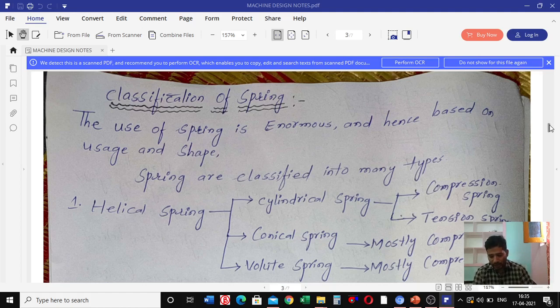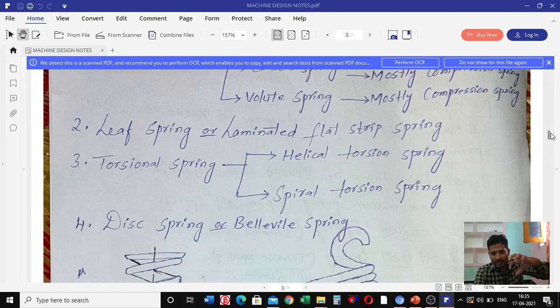So helical springs are made in such a way that the spring wire is wound around an imaginary cylinder or cone in the form of helix shape. Let us see the figure.